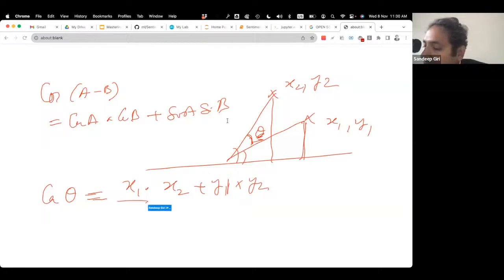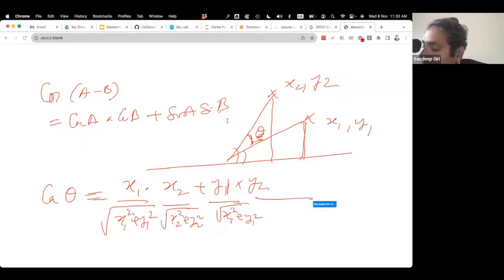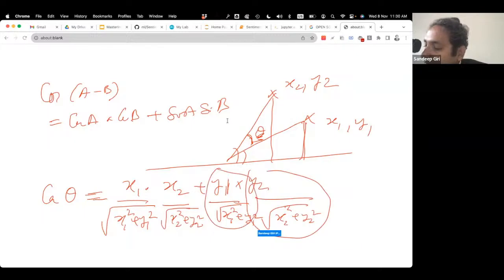X1 divided by, okay, this looks crazy, but if you remember your trigonometry, this is essentially sine B, sine A, cos B, cos A, right?